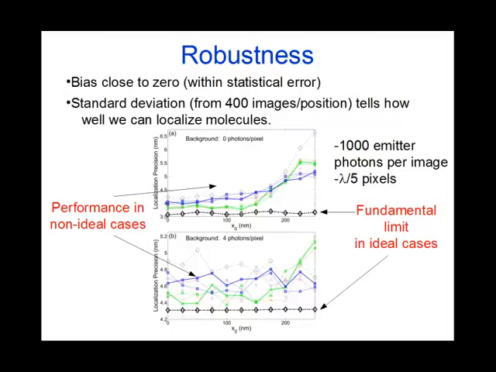On the horizontal scale, we have the position of the molecule relative to the center of your region of interest. This black curve with diamond points on it is the theoretical minimum. There's an established theory for it. There's software developed by Raymond Ober at UT Dallas that you can use to calculate the minimum standard deviation.